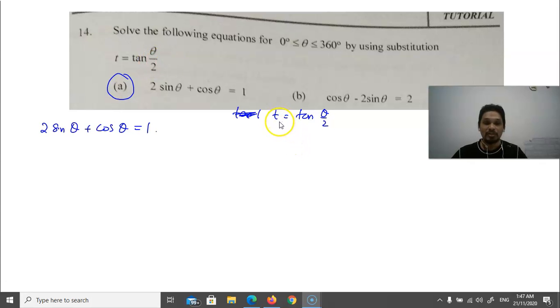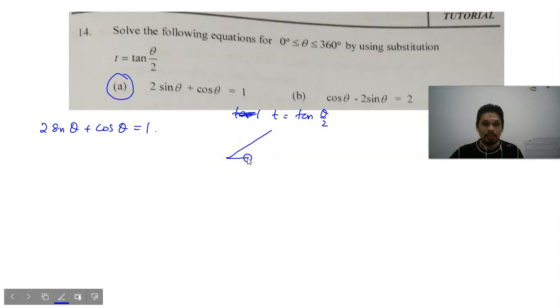refer to this in your lecture notes when given to you. We draw a triangle like this, so that we change everything: 1 minus t squared, 2t, and also 1 plus t squared.